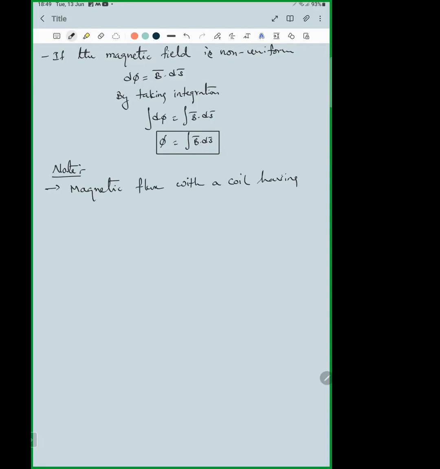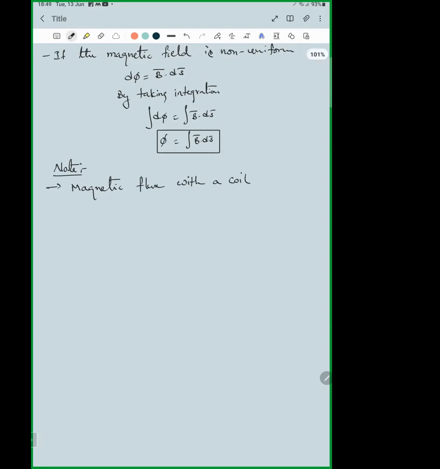Otherwise, simply we may call it a coil. In this case, suppose this is a coil here.